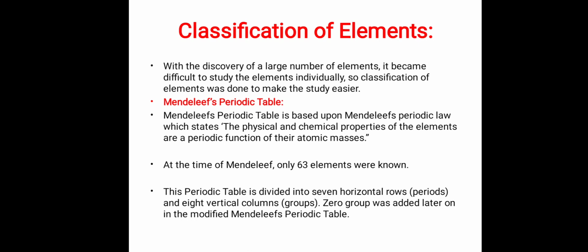This periodic table is divided into 7 horizontal rows called periods and 8 vertical columns called groups. The zero group was added later on in the modified Mendeleev periodic table.